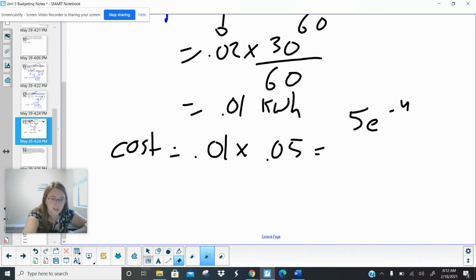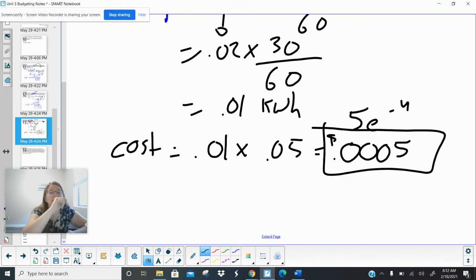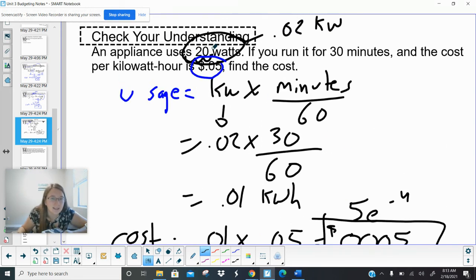What this means actually is move your decimal to the left 4 places. You guys can recall that. This is actually 0.0005. So we're gonna leave it like that because this would round to 0 cents. So to run this little appliance for only 30 minutes, it's costing you basically nothing.